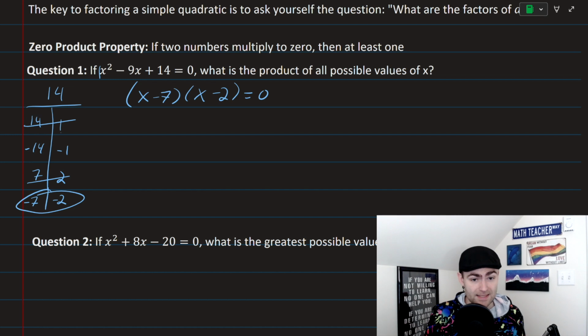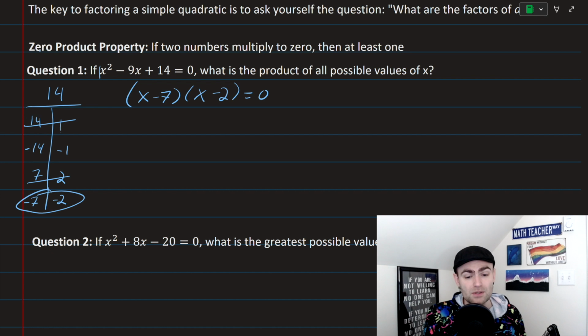There is a process to factoring called factoring by grouping that we're going to have to go through with more complex ones. But if you see a simple one, by all means, remember the trick. Just keep in mind that the trick doesn't always work, especially if you have a coefficient with your x squared.